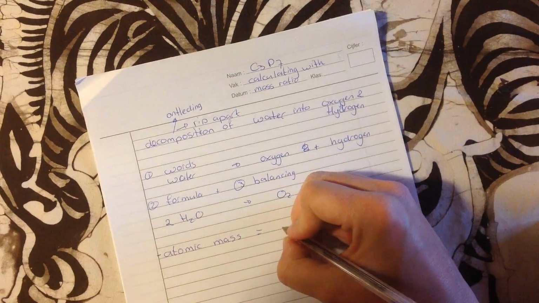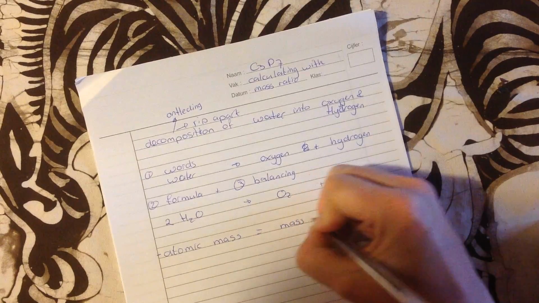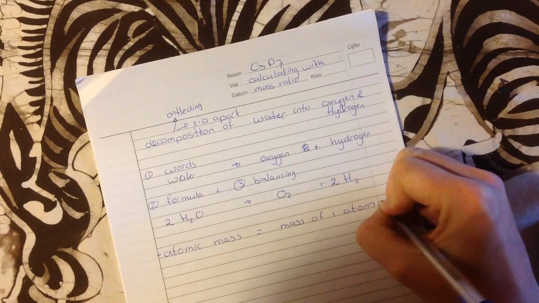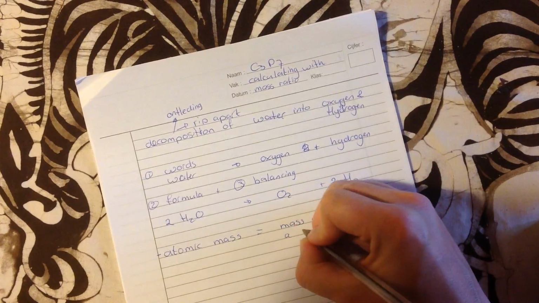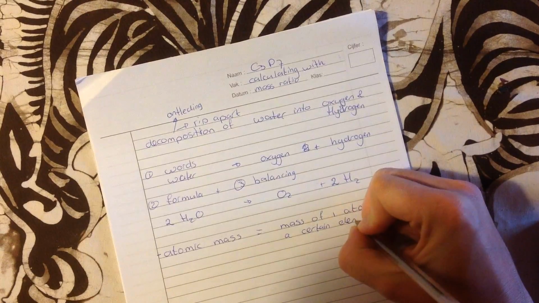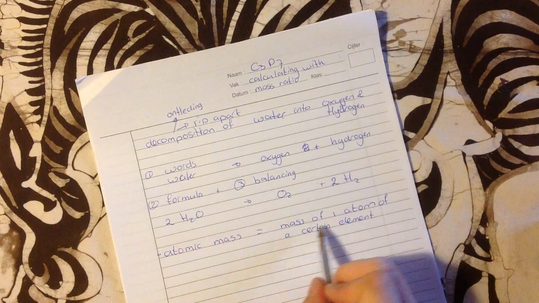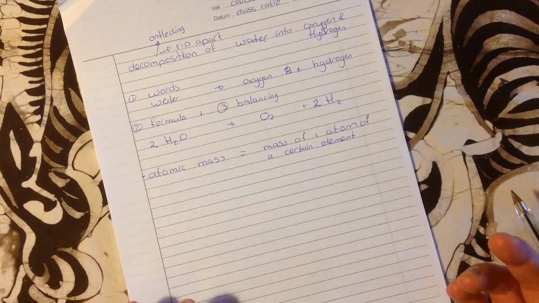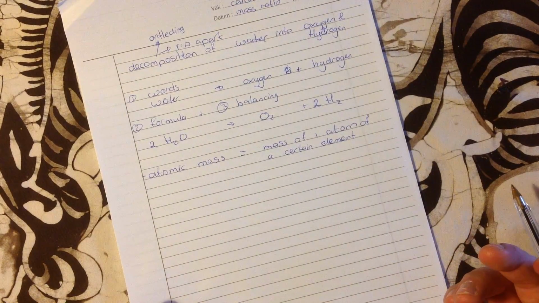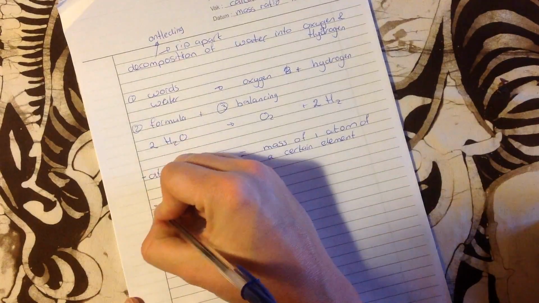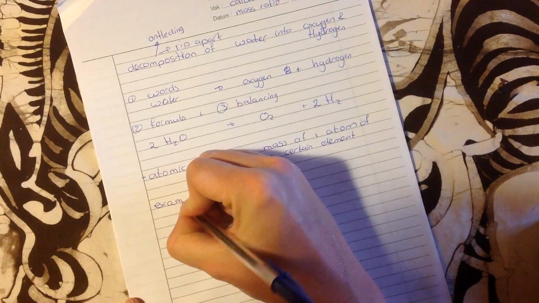The atomic mass is the mass of one atom of a certain element. And this mass is always the same. Like if I have hydrogen, it always has a mass of 1. If I have oxygen, it always has a mass of 16. Some examples, you don't have to study them by heart.